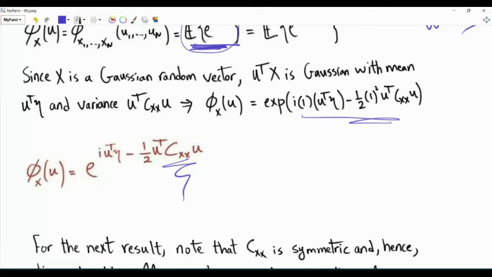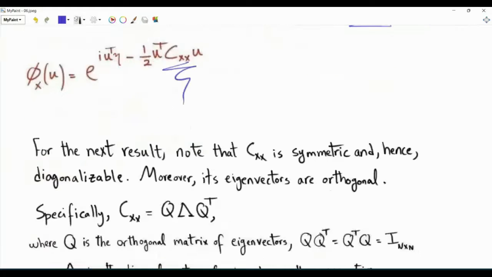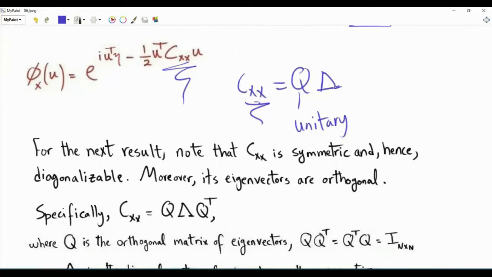It's not a problem. But to write down the PDF, we will need to assume that Cxx is invertible. And because it is a symmetric matrix, we can make use of its eigendecomposition, where Cxx can be written as a unitary Q matrix, whose columns are eigenvectors, times a diagonal matrix containing the eigenvalues, which are generally non-negative.